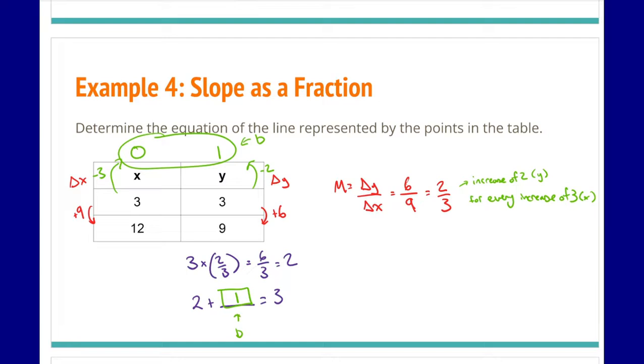So different ways you can work around it. Right? Either reverse the pattern to get back to position 0, plug points into your equation, or basically multiply the x value by the multiplier and find what constant you would have to add. Either way you look at it, we end up with y equals our multiplier, which is 2 over 3, x plus 1.